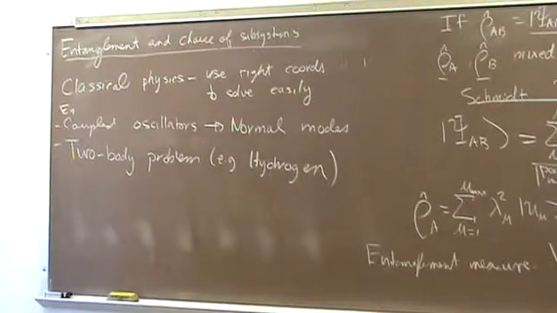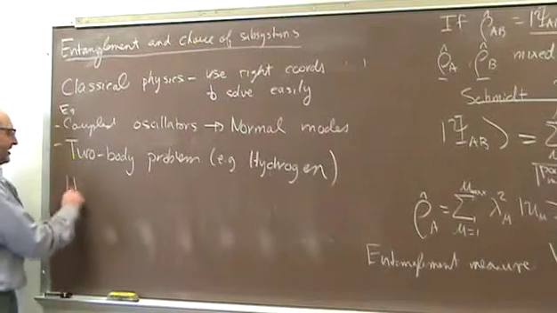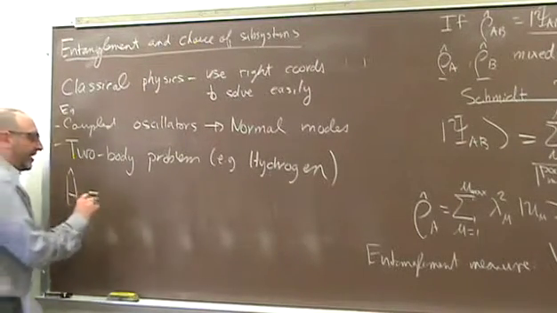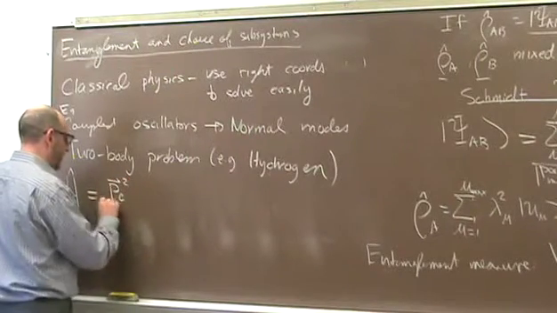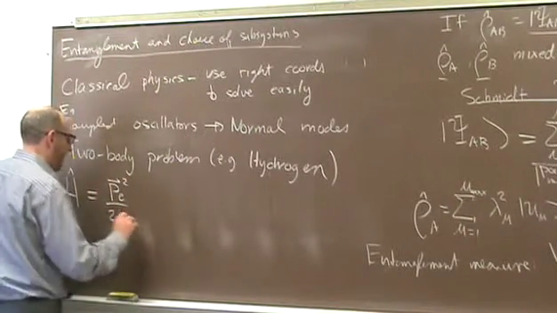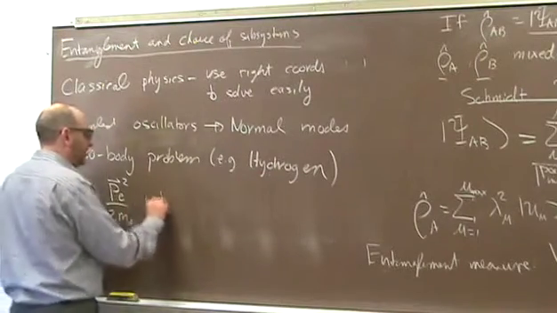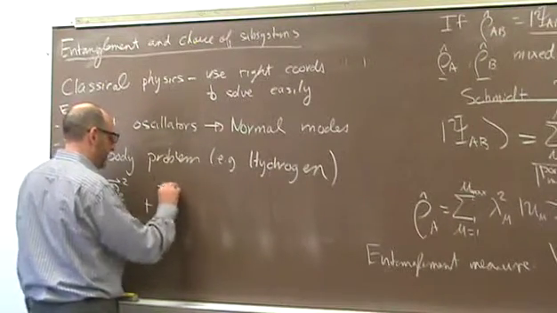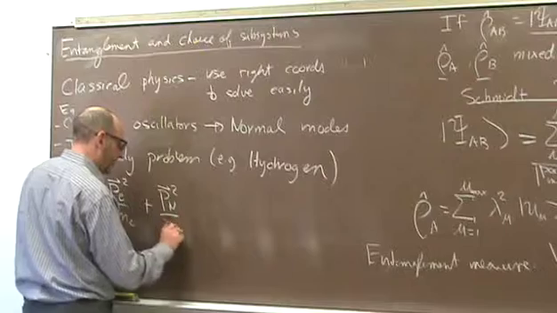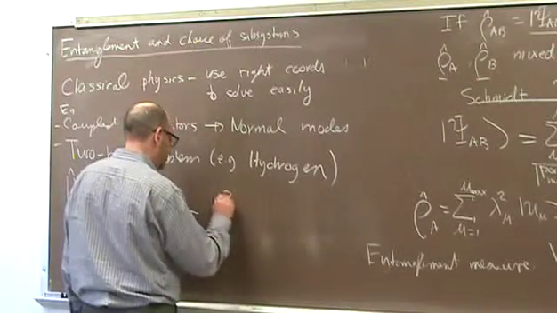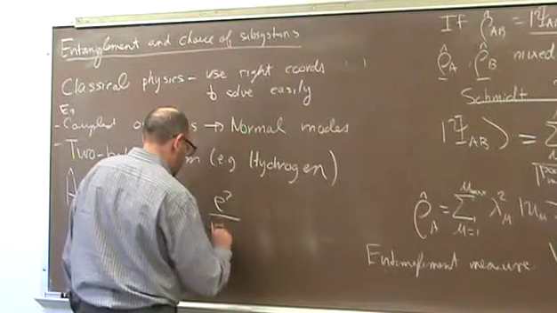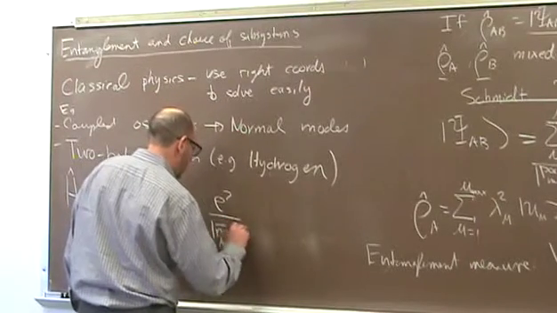So if I look at this, let me write down the Hamiltonian for this. I have the kinetic energy of the electron. I have the kinetic energy of the nucleus, the proton. And then I have the Coulomb energy.